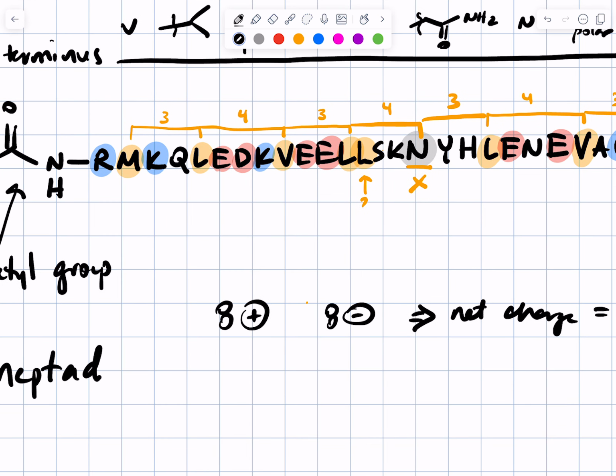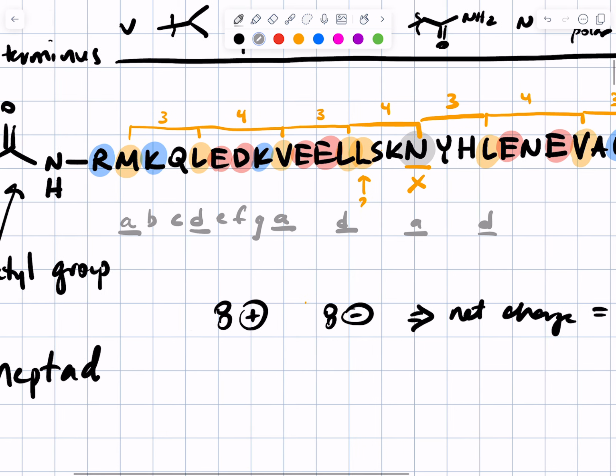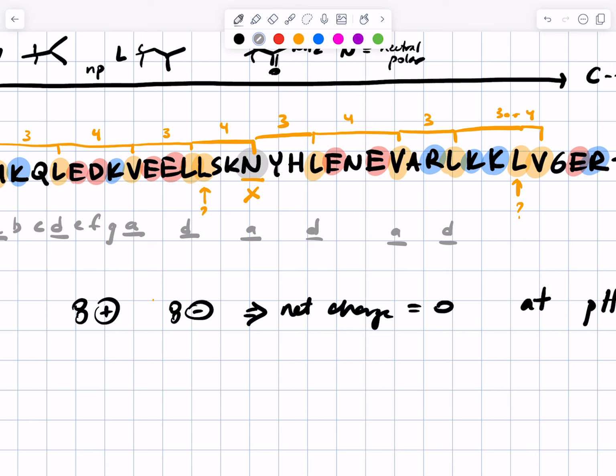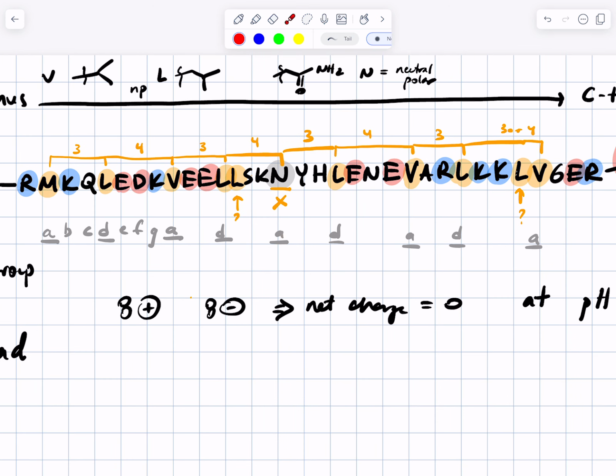They'll call the first amino acid in the sequence the letter A. So methionine is A, B, C, D, E, F, G, and then you start again with A. And the idea is every A and D position, you usually have a nonpolar amino acid, with the exception of this single asparagine that happens to occupy an A position.